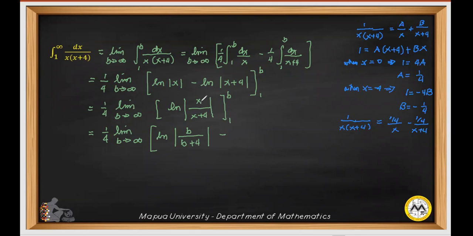So we are going to replace x by 1, and that will give us the natural logarithm of 1 over 1 plus 4.